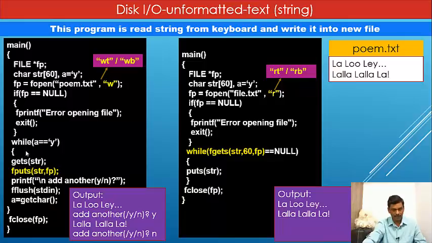In the first loop iteration, if we give y, that y is assigned to a, and the loop continues. Next time, if we press anything, it will not get any new input; it takes the previous input, so the loop executes continuously. So we want to flush the previous input from the memory.